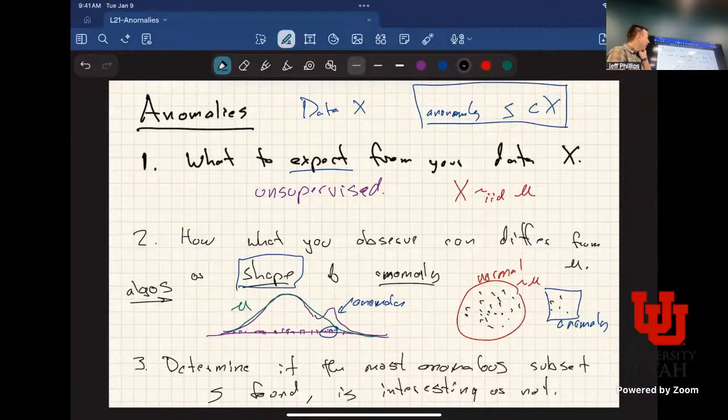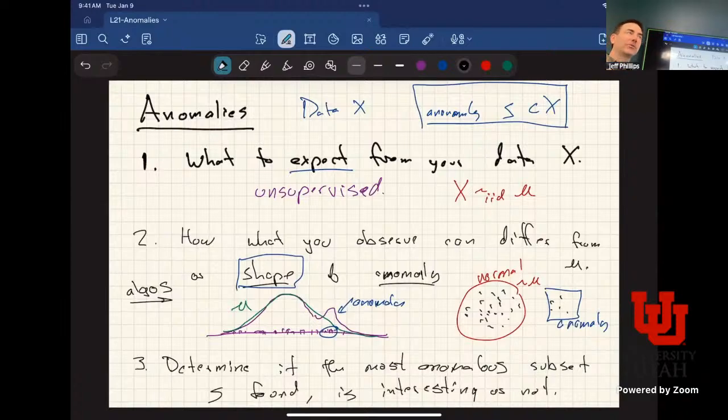For any data set I have, even if it just looked like the green data set or just the part inside the red circle here, I can always define what I would expect, run an algorithm that finds the most anomalous region, and then report, here's the most anomalous region. It doesn't mean there's actually something interesting going on. I need to somehow evaluate, was what I found actually interesting or not?